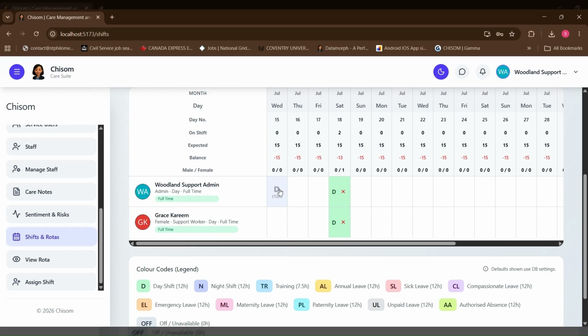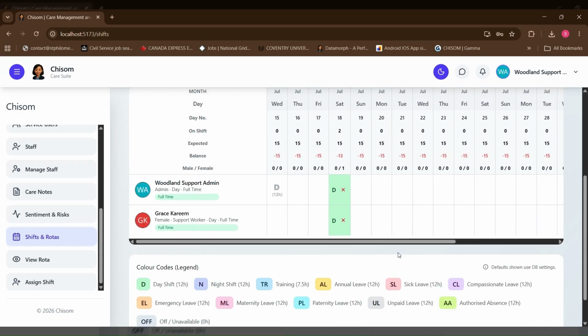So why is this like this? This is a watermark. That's another good thing about this rota system. Sometimes staff admin use WhatsApp to get availability. I've worked as a bank staff somewhere, and they always use WhatsApp to send availability.